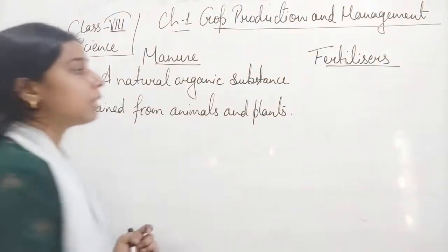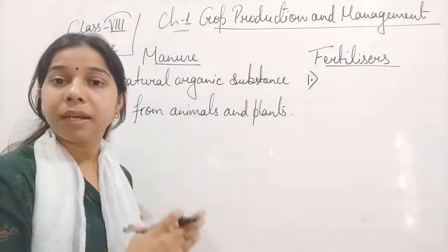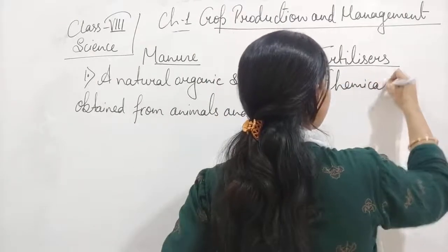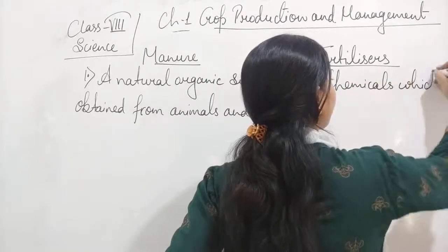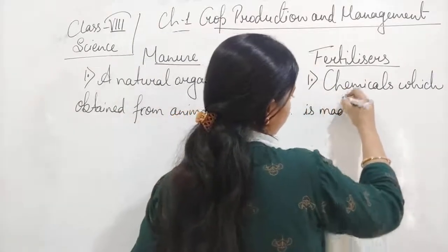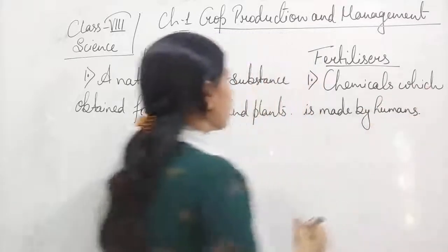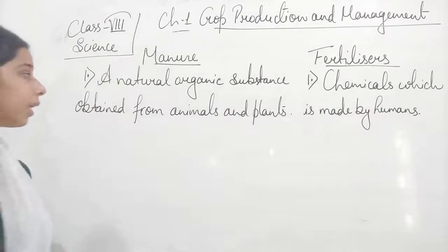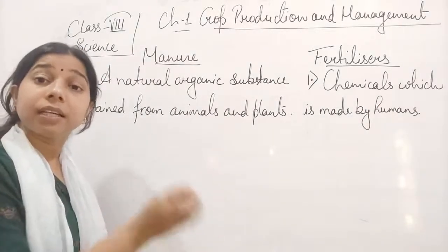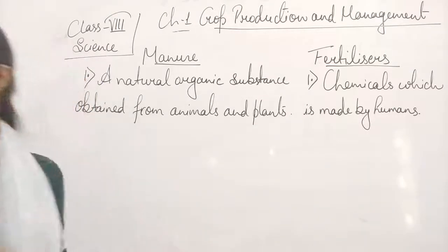While the fertilizers are what, students? It is a chemical substance which is made by humans. So manure is a natural organic substance that we obtain from plants and animals. Fertilizers are chemicals, and these chemicals are prepared by human beings.